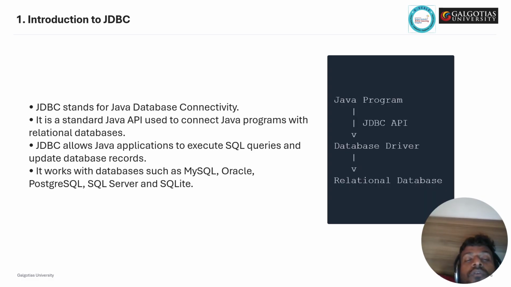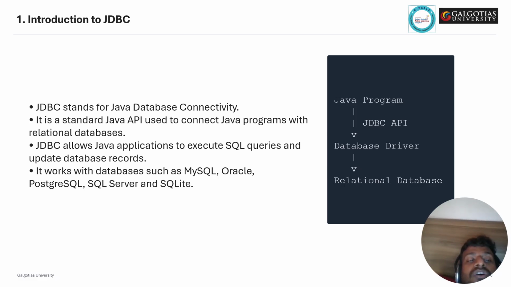This is the learning outcome. And in this slide, what is JDBC? JDBC stands for Java Database Connectivity. It is a standard Java API used to connect a Java program with a relational database. This is the Java program, the database driver, and the relational database. So this is the JDBC API.